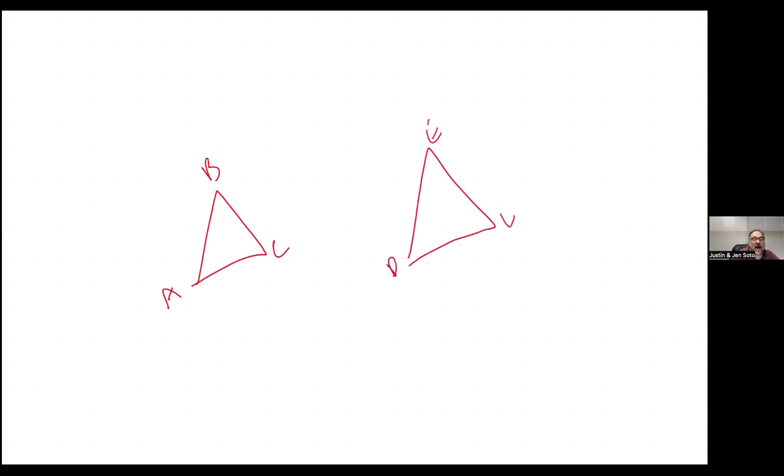If they're equilateral, it doesn't matter so much, but let's say they're not equilateral. So AB corresponds to DE, BC corresponds to EF, and AC corresponds to DF. Now, what happens if you flip this triangle, though? Let me clear the whole thing. Let me give you something that looks like this.